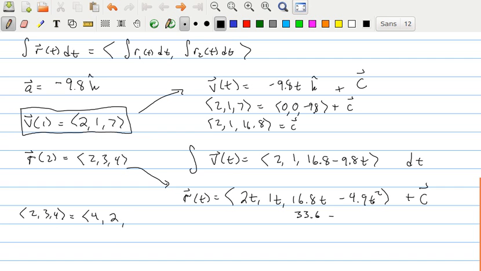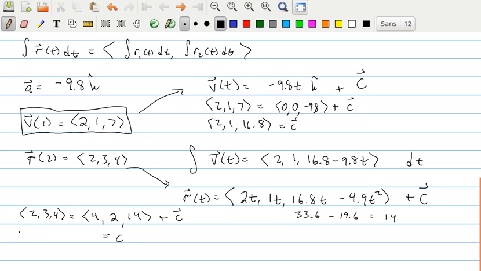And then over here, if we're plugging 2 in for t, we're multiplying this by 4 now. So that's going to be 19.6. We go and subtract those two, and we've got 14. Okay, plus the c. So now we can go and subtract this from both sides to solve for c.